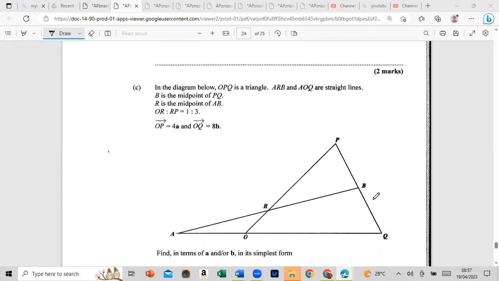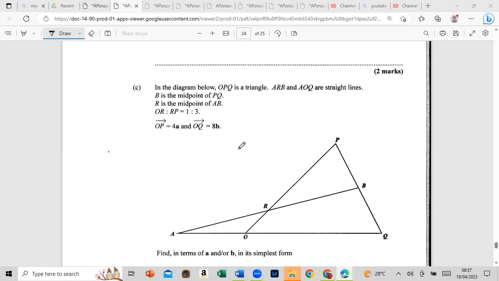And they say R is the midpoint of AB. So R is the midpoint from A to B, and OR to RP is the ratio they give us. And then they went on to say OP is equal to 4A, so from O to P.